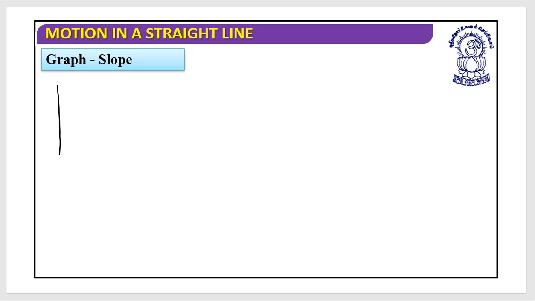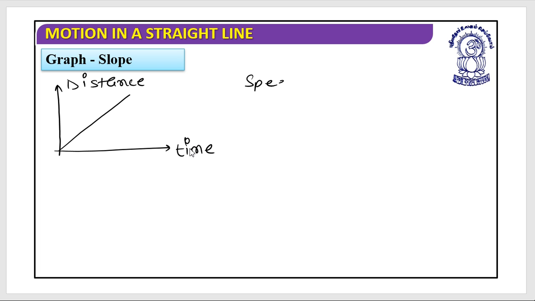let's say a certain graph is given which represents a distance versus time. And if we have plotted a graph, it would look like this. And they have asked something about the speed. They have asked what should be the speed or something like that.